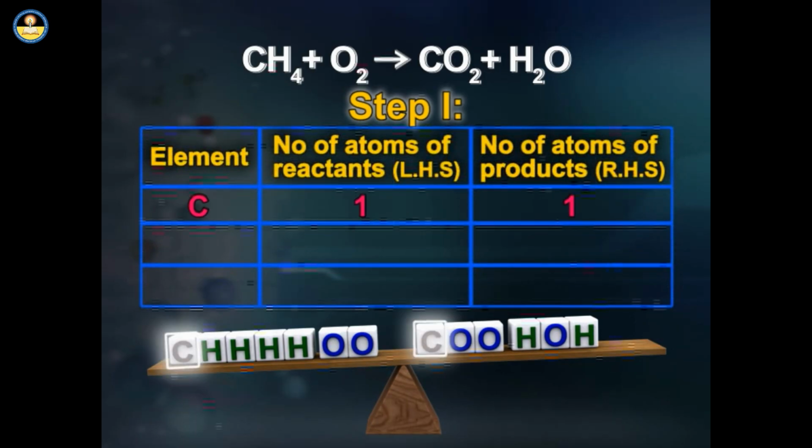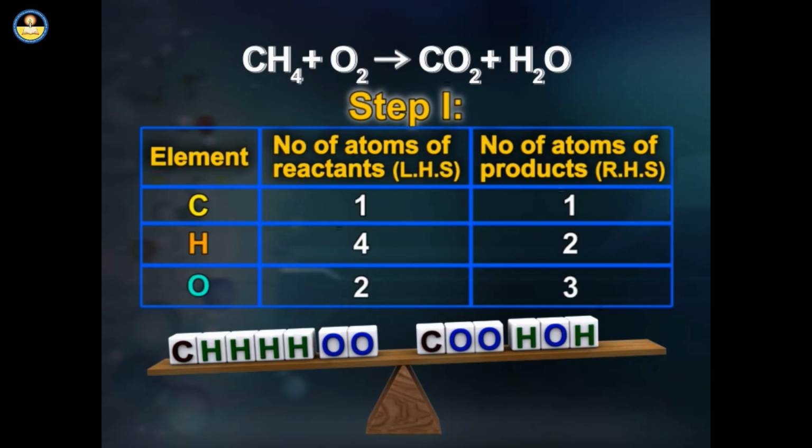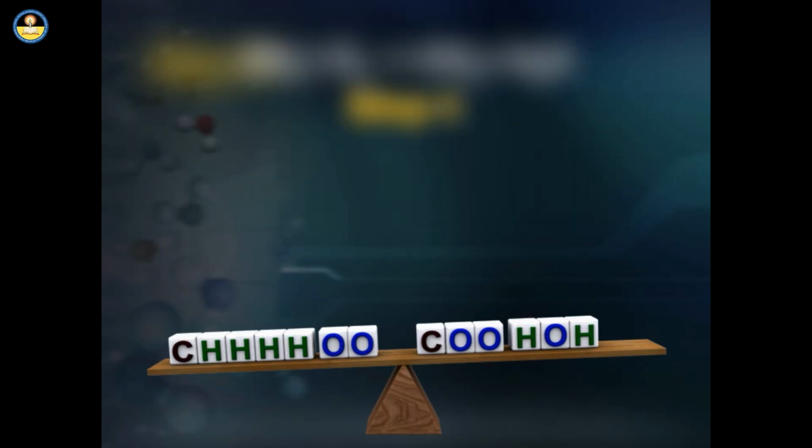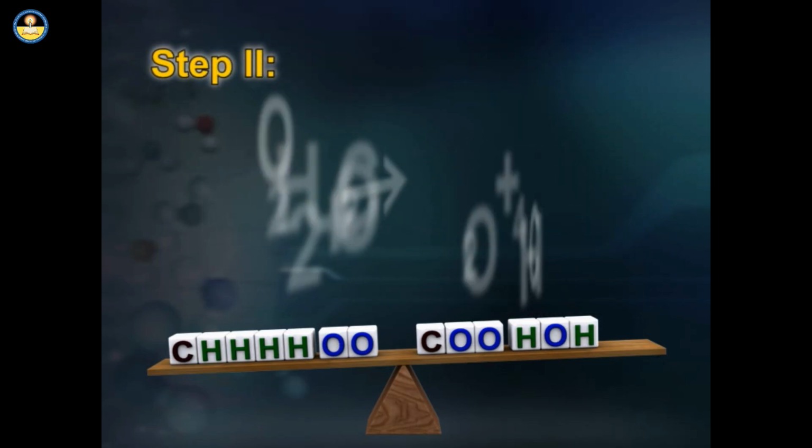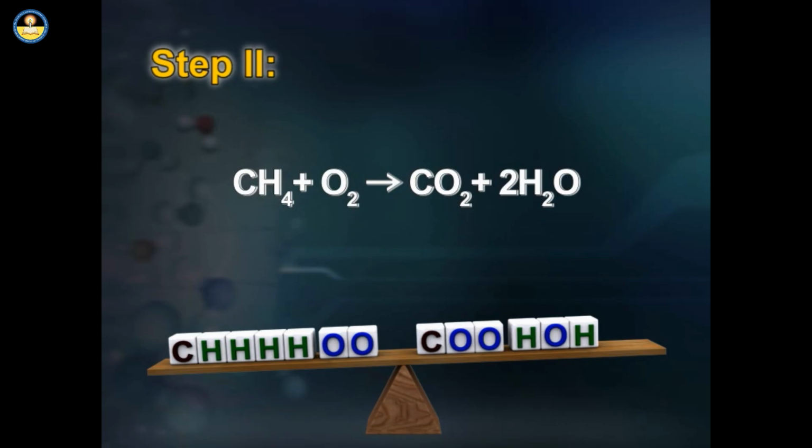Number of carbon atoms are equal, that is 1 on both sides. At the same time, the number of hydrogen and oxygen atoms is not equal. Step 2. The number of hydrogen atoms in the reactant CH4 is 4, while in the product water these are 2.